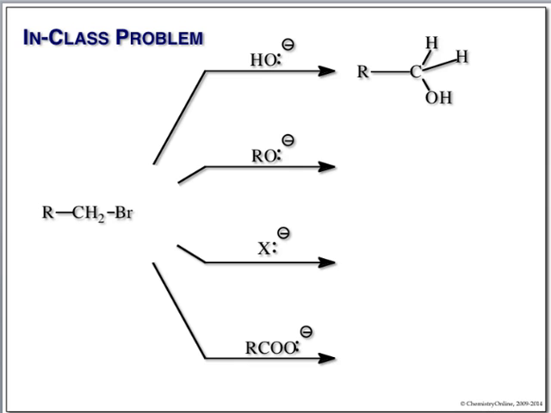In our next one here, instead of using OH, I'm using an alkoxide. So we saw this with the Williamson ether synthesis, didn't we? This would be something like methoxide. Once again, the nucleophilic center here is going to be the oxygen. Bromine is going to leave, and all we do is make the ether.